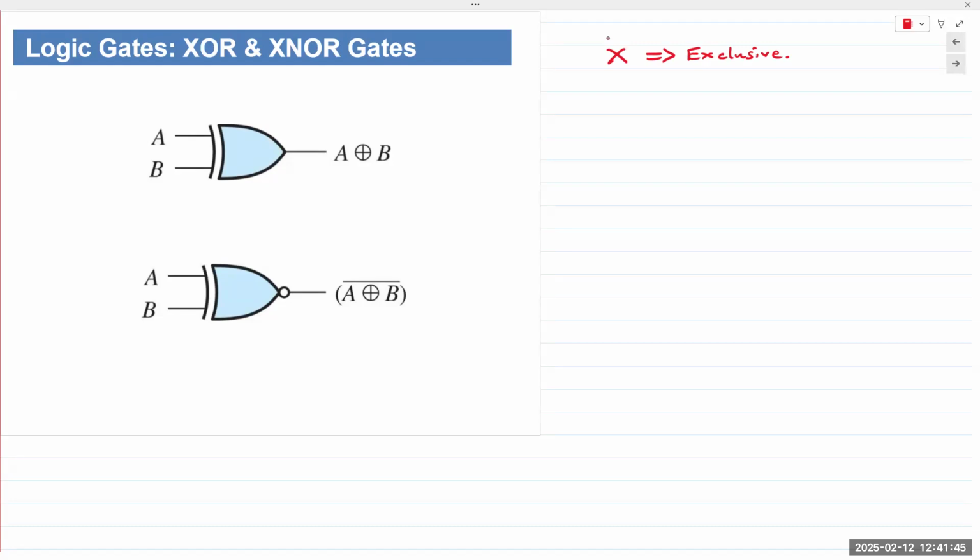The truth table for an exclusive OR gate looks like this. You have A, B, and then output C. This is referred to as exclusive OR. Exclusive OR goes high when both inputs are different.